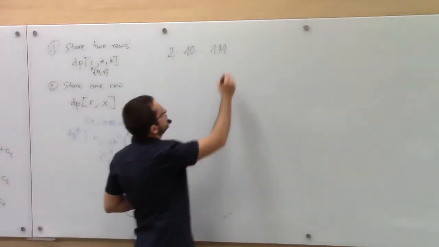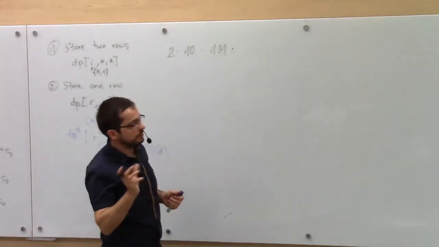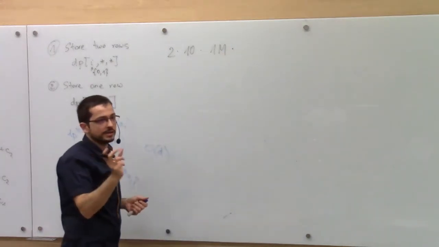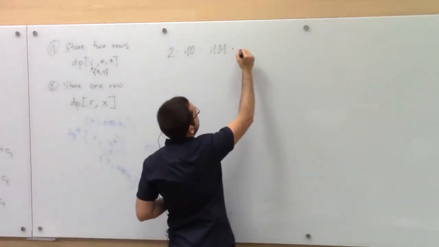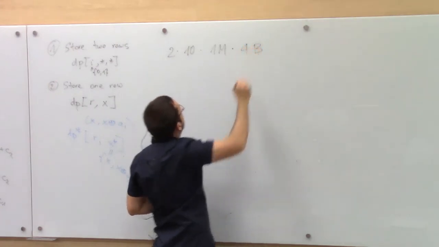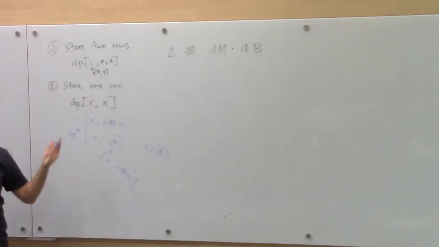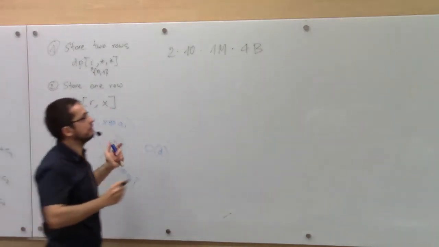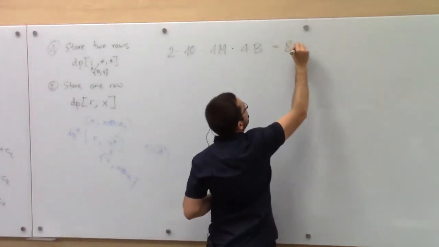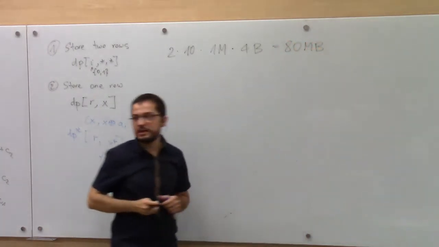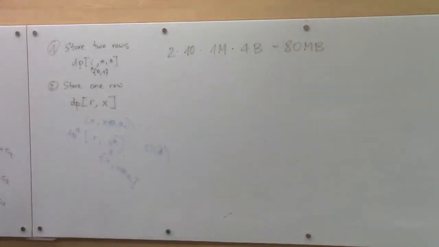And still we need to incorporate the size of one cell, and the size of one cell is 1 integer, so this is 4 bytes. So this would give us 80 megabytes for storing 2 rows of memory.